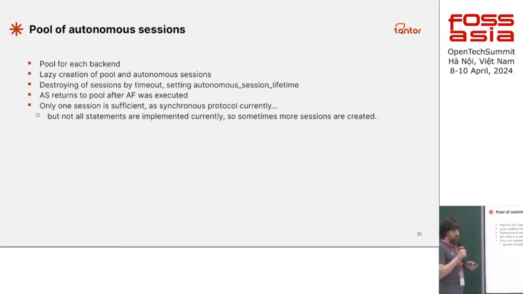After execution, the autonomous session is returned to the pool. At the current time, to tell the truth, only one session is sufficient, as we have synchronous execution between the main and autonomous sessions. But as some statements are not supported, sometimes we need more autonomous sessions.